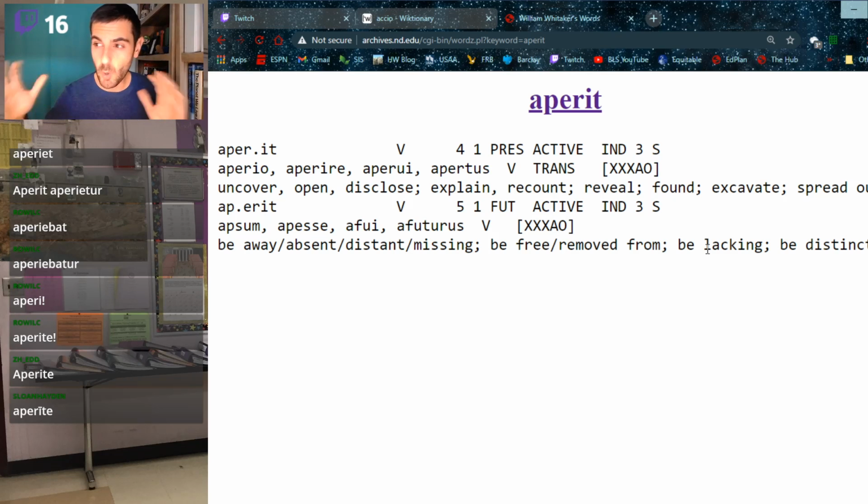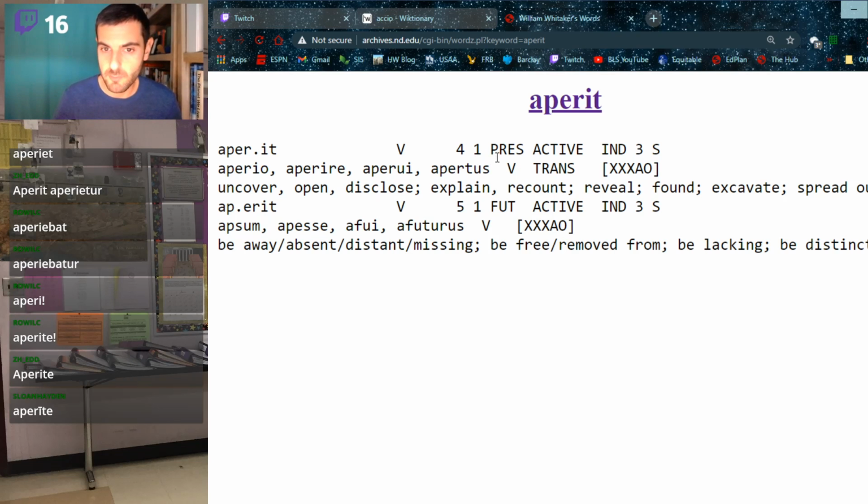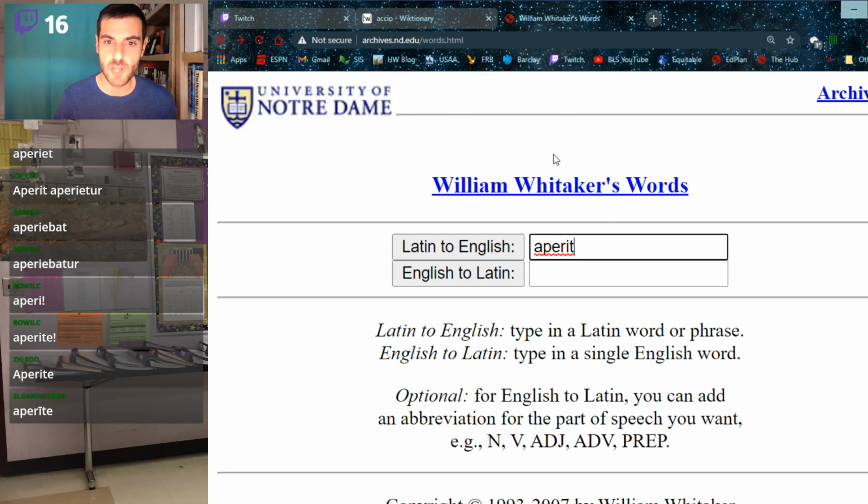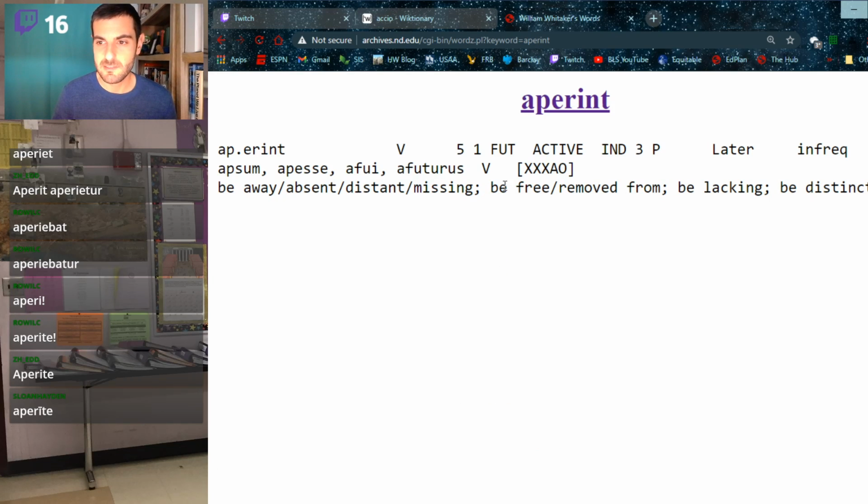It's kind of coded, but what you're looking for here is present active. Ind just means indicative, so that's normal. That 3S means third person singular. So that's one way that you can check. Also, let's say you made a mistake. You were doing third plural, and you put aperint instead of aperiunt. In most cases, it's going to say, I don't know what you're talking about.